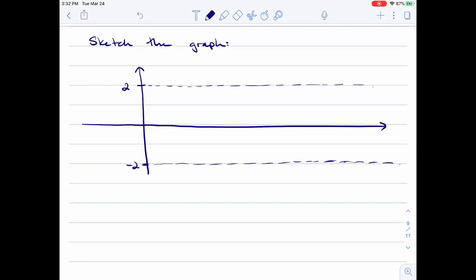And let's see here. If I've moved out pi over 4, then here I might be at 2 pi over 4. Here I'm at 3 pi over 4. Oh, maybe that's too short of a distance.